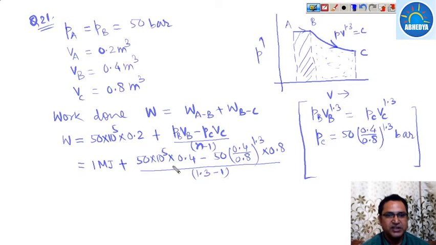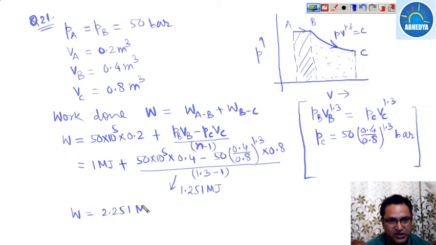Once you calculate these values, you will get 1.251 megajoule. So the total work done is 2.251 megajoule. This is the total work done.